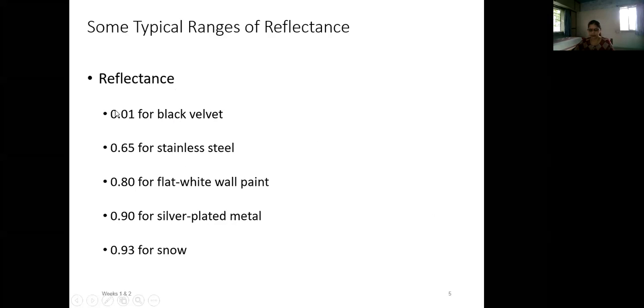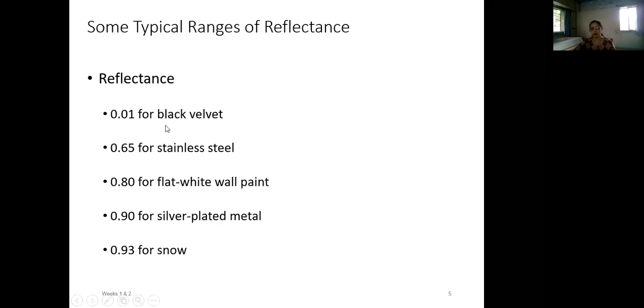That's why we observe it as black, because very little energy is reflected from the black velvet surface, and as very little energy is reflected, that object is not visible to the human eye. For stainless steel, it is 0.65. Then for silver plated metal, it is 0.9. And for snow, it is 0.93.